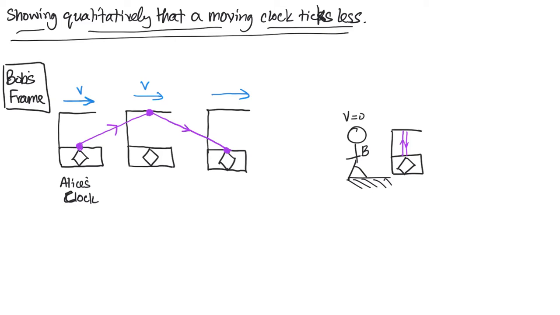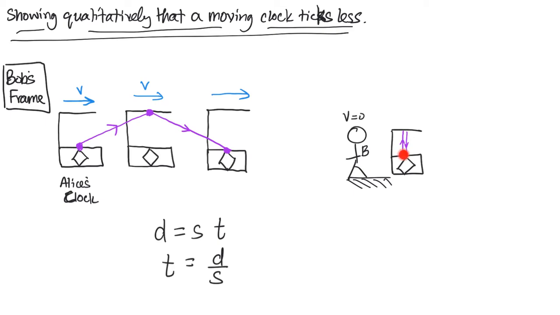Okay. Step two is we know that all photons travel at the same speed. So then we say, okay, well, if distance equals speed times time, then time is distance divided by speed. If I have two photons that are traveling at the same speed, but one has to travel a larger distance, then it's going to take a longer time to do so. So that's the main argument, is that the clock that's moving, that photon has to take a longer path to make one round trip, and if the path is longer, it's going to take a larger amount of time to make the round trip.